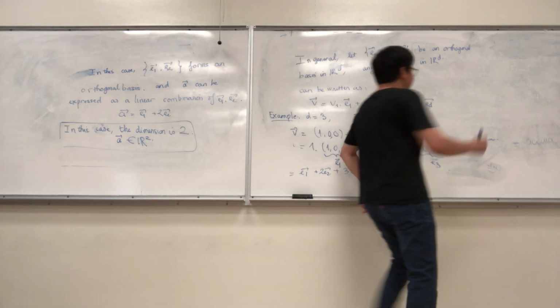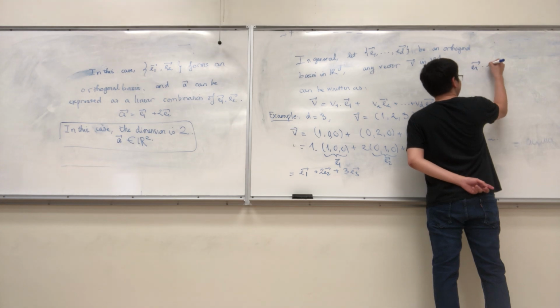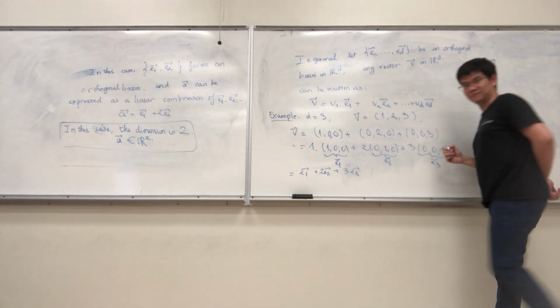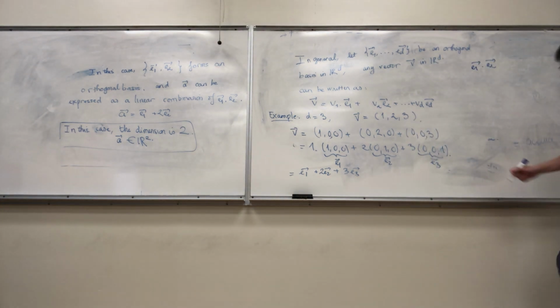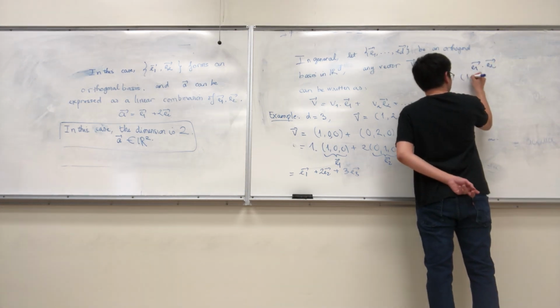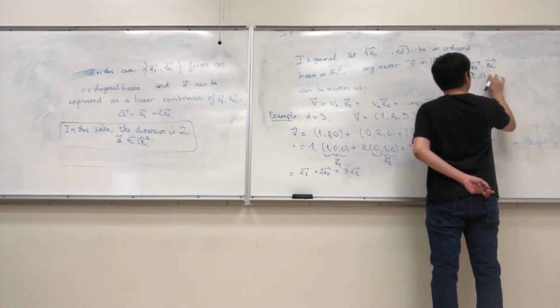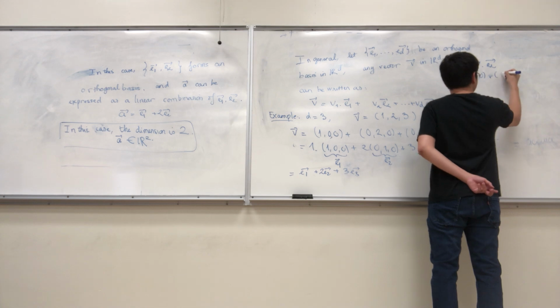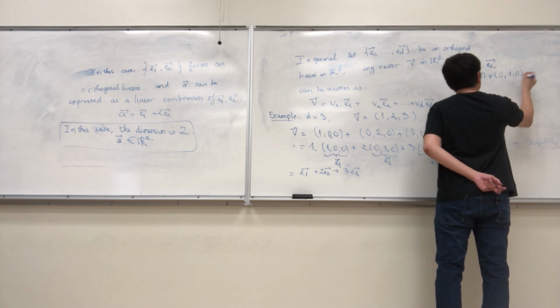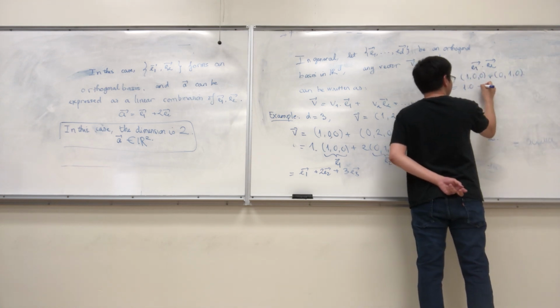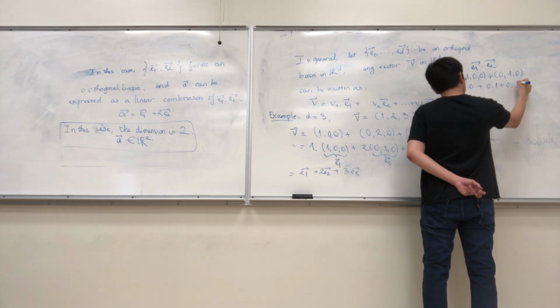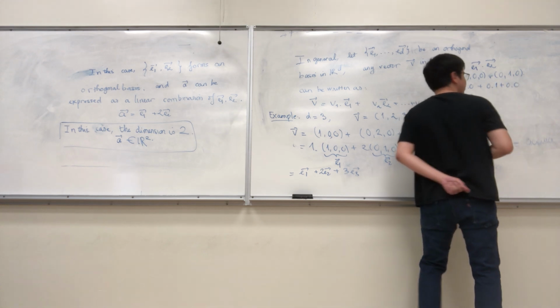So now I'm going to check if they are orthogonal, right? They should be orthogonal, right? Because E1 times E2 will be 1, 0, 0 times 0, 1, 0, and this is 1 times 0 plus 0 times 1 plus 0 times 0, and this is 0.